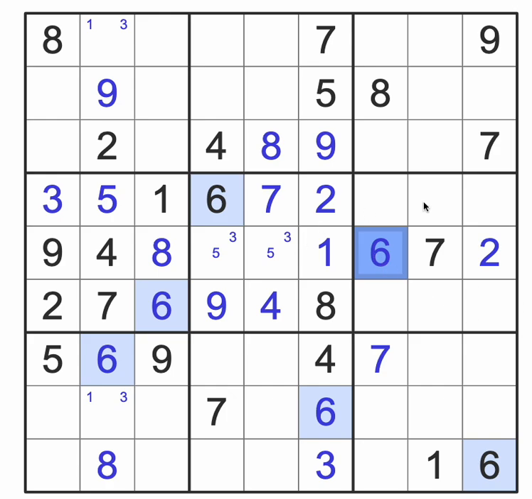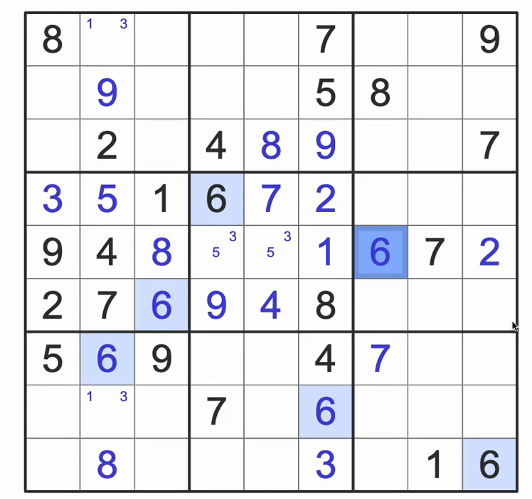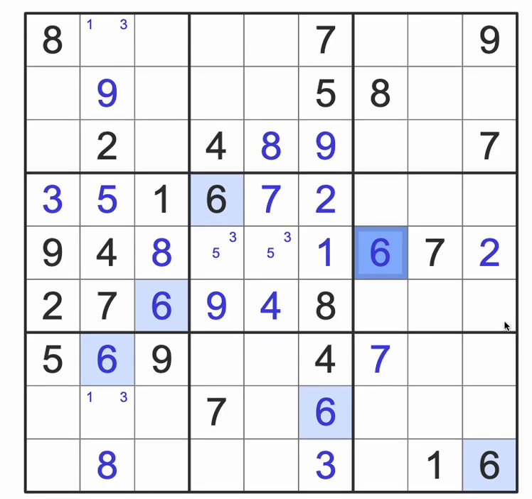So these are 4, 8, 9, and these are 1, 3, 5. I don't think I can solve that, so I'm just gonna leave that like this. 1, 3, 5, 6.